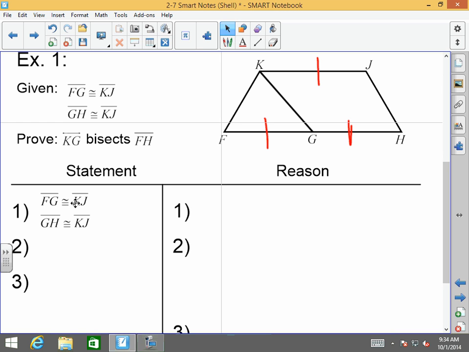Well, my given is that FG is congruent to KJ, and GH is congruent to KJ. That's given. But if I know that, what else do I know now using the transitive property? I know that FG is congruent to KJ, and I know that GH is congruent to KJ.